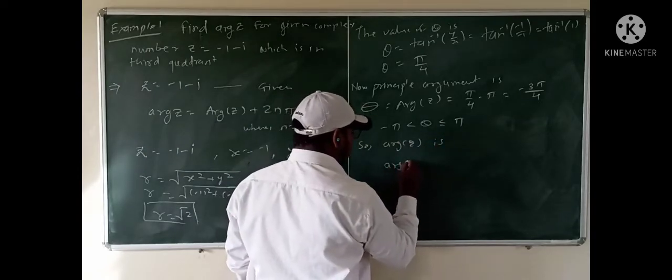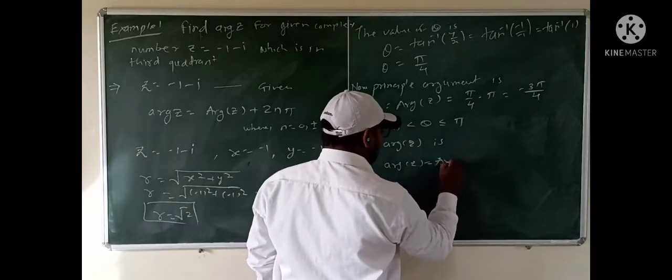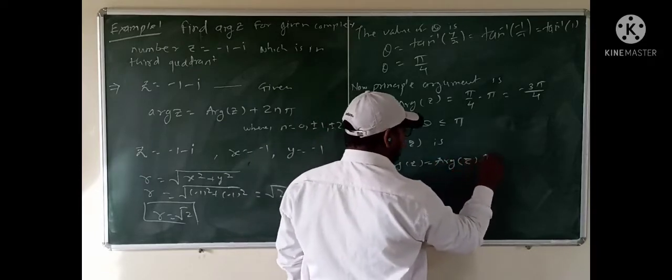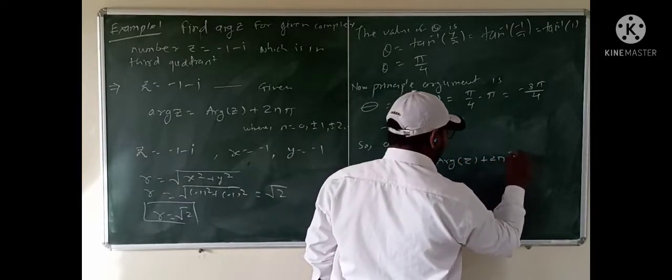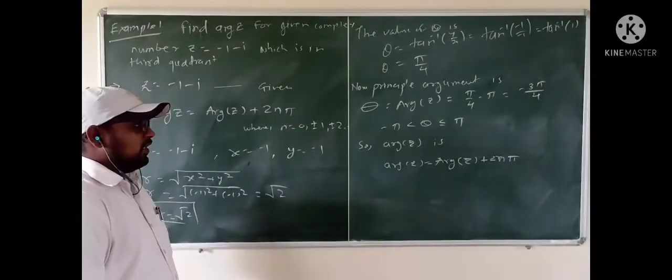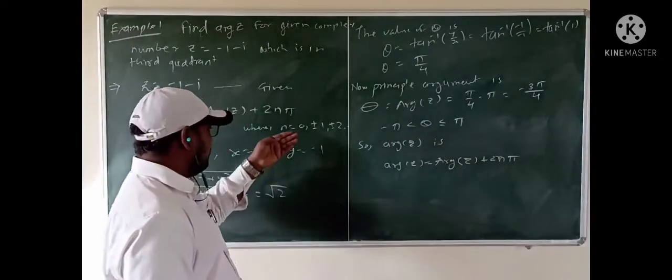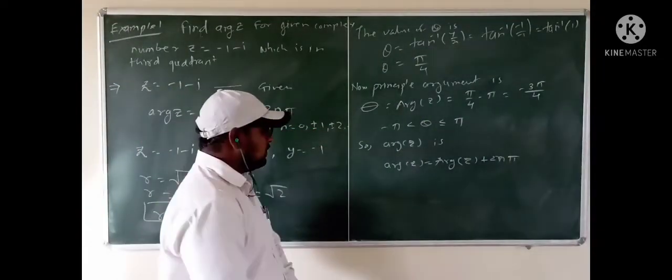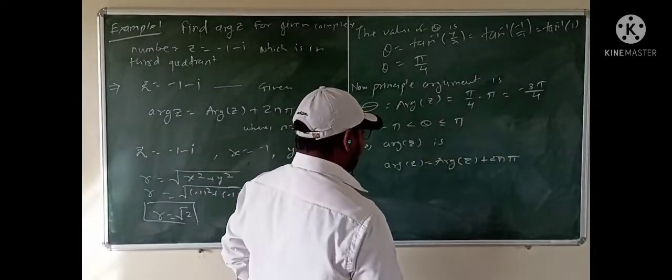the argument of z is equal to the capital or principal argument of z plus 2 n pi, where the value of n is an integer. The integer has values from 0, plus minus, up to infinity.